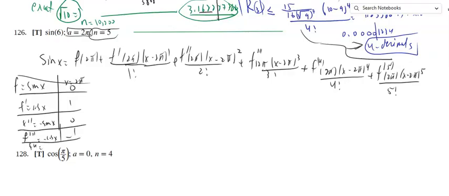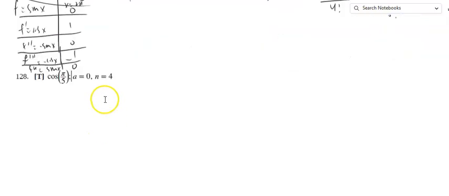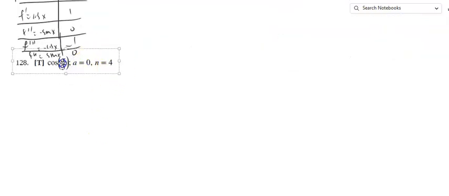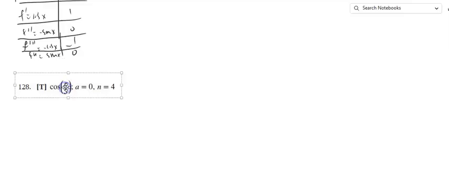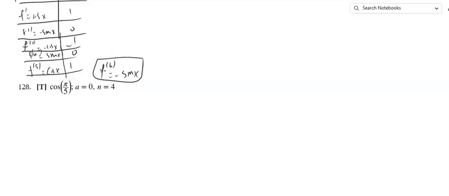And the fourth derivative is the sine of x, that's a 0. And the fifth derivative is the cosine of x, and that's going to be a 1. Now, the sixth derivative is negative the sine of x. I need that for my remainder.